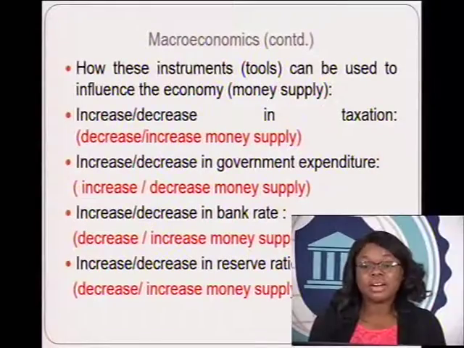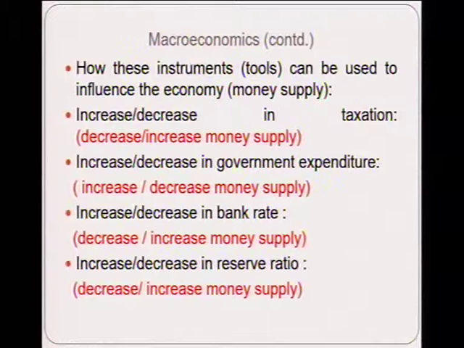Government expenditure is the other tool of fiscal policy. If the government increases government expenditure, this is going to increase money supply in the economy. And if the government decreases government expenditure, this is also going to decrease money supply in the economy.